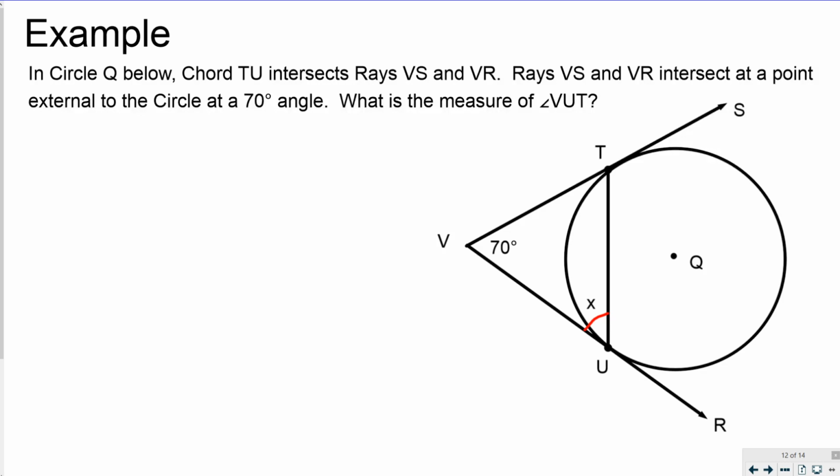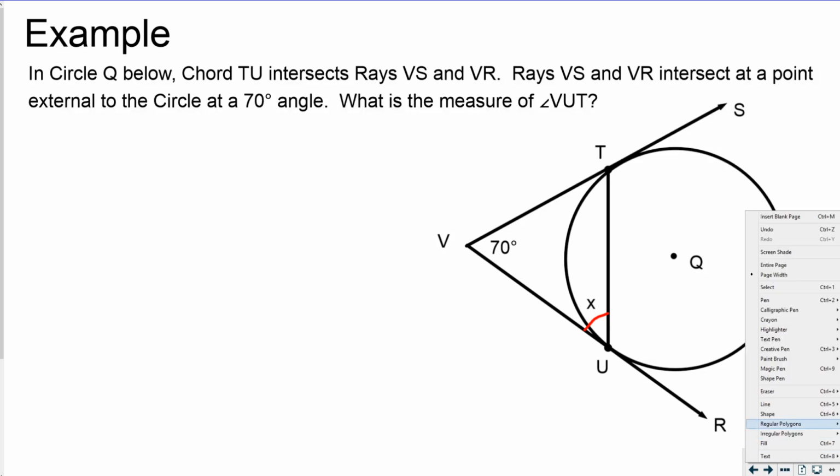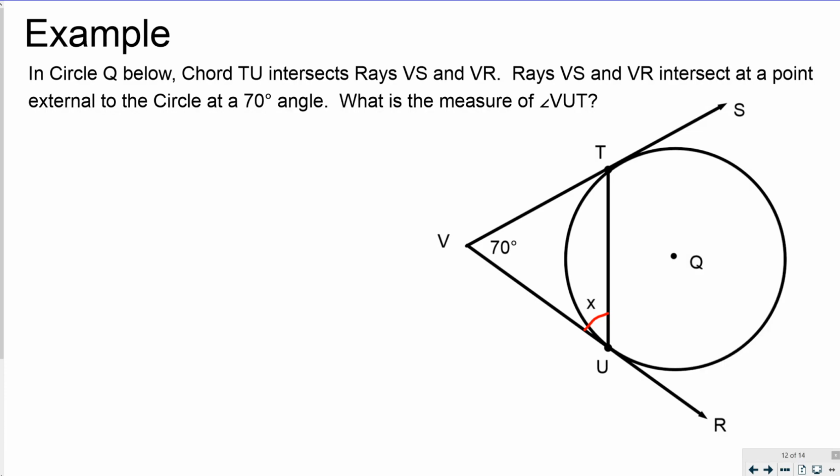So the next thing that we are going to do is use that triangle to our advantage. We are also going to draw in some radius segments. So we have a radius from here to here, and a radius from here to here.